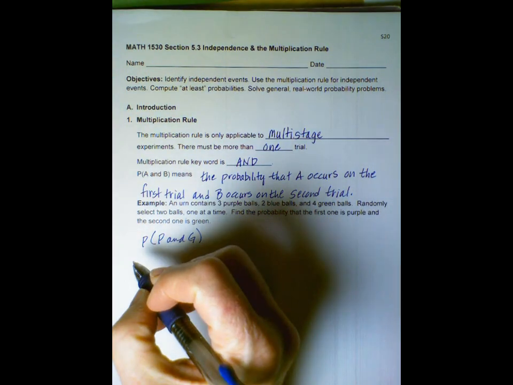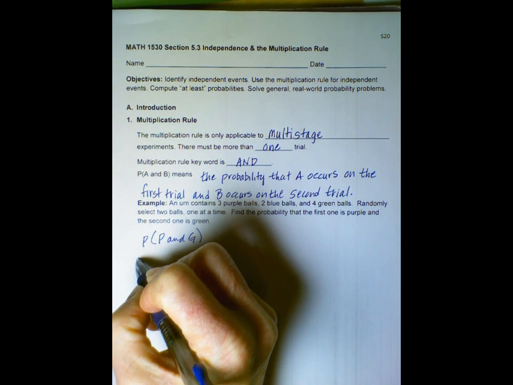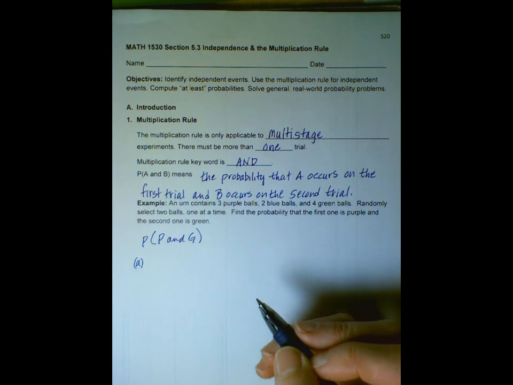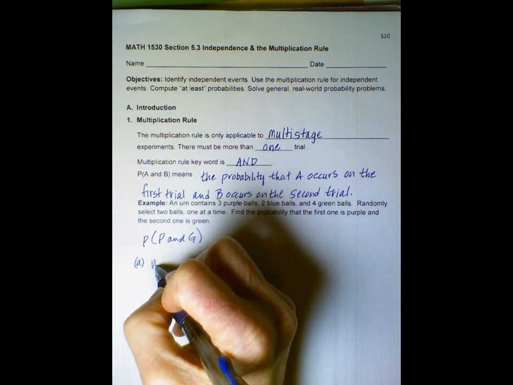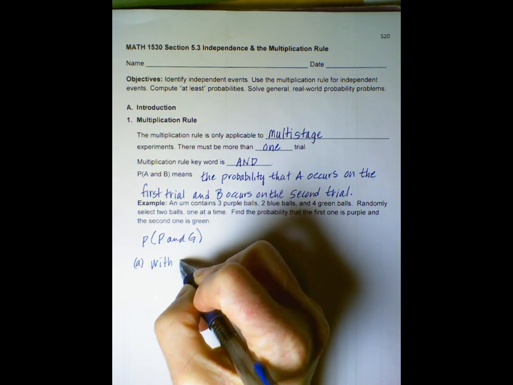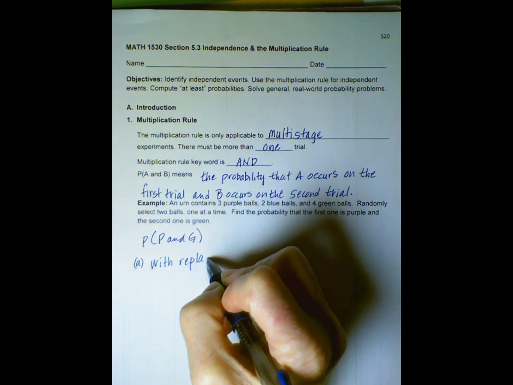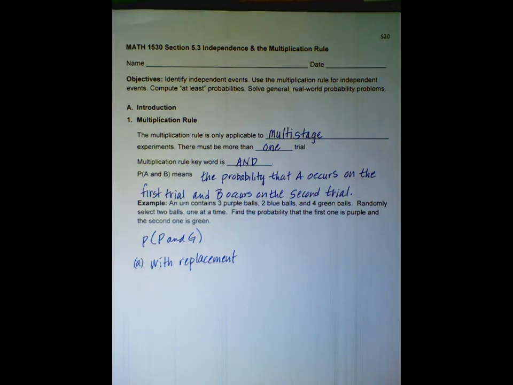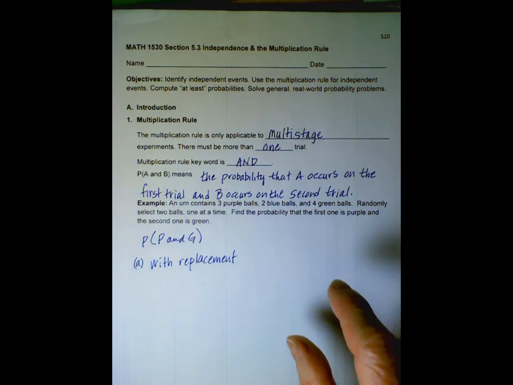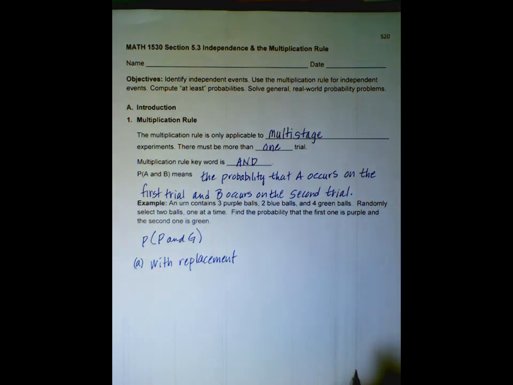So the first condition would be, we would run this procedure with replacement. What does that mean? That means you take the ball out, you record that you got a purple, and then you put it back in the urn.